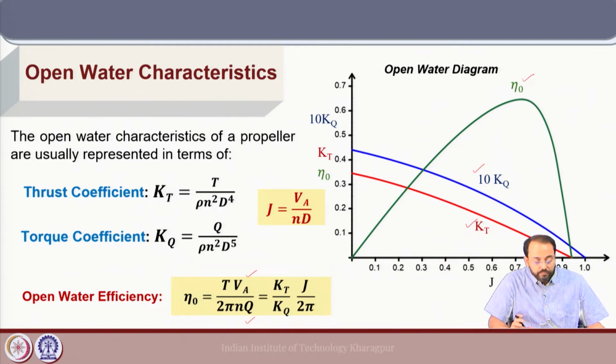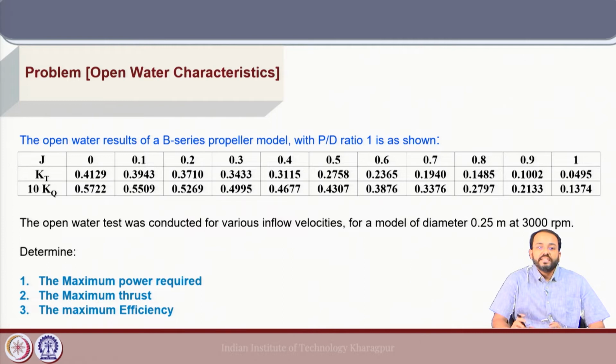So, we will continue with a simple problem on the open water diagram for a propeller. In this particular problem, a B series propeller model is tested. We will discuss in detail regarding propeller series in the next class.